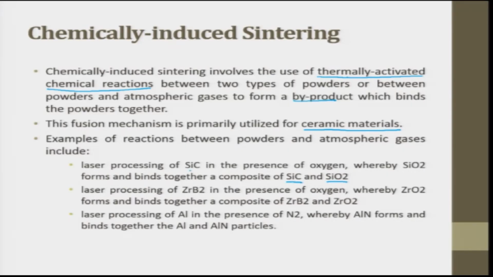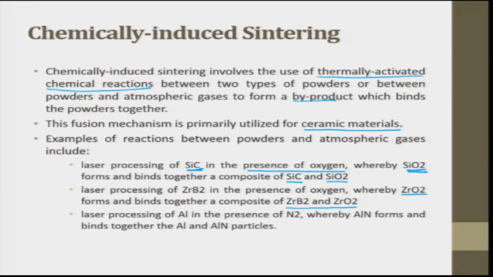You see, in the presence of SiC, oxygen is dissociated and it forms SiO2. The laser processing of zirconium boride in the presence of oxygen forms zirconium oxide and binds together a composite of ZrB2 and ZrO2.